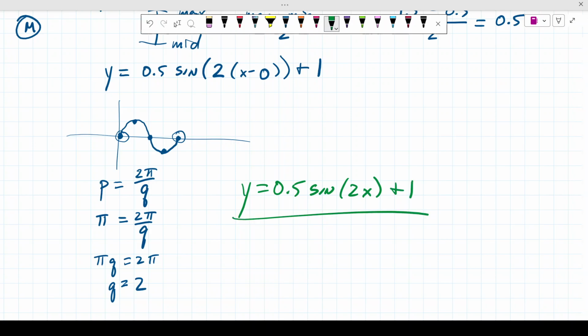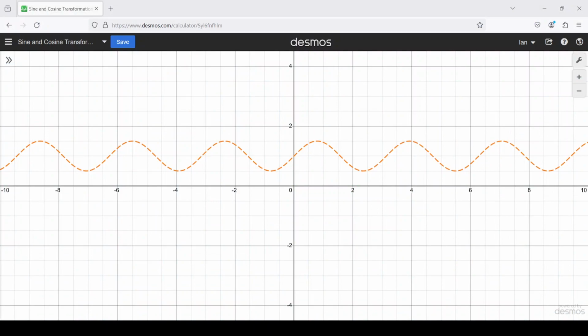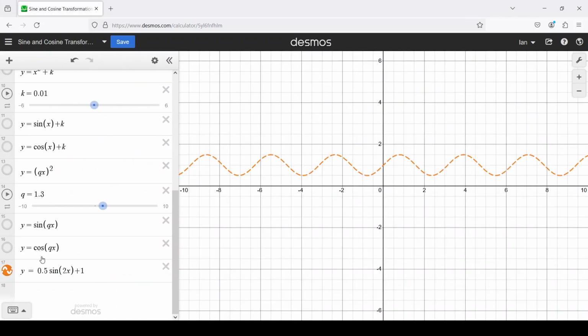And if I swing back over to Desmos, here it is. It is 0.5 sine of 2x plus 1. So that is the correct equation.